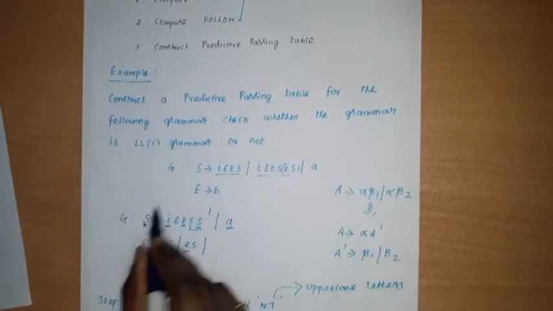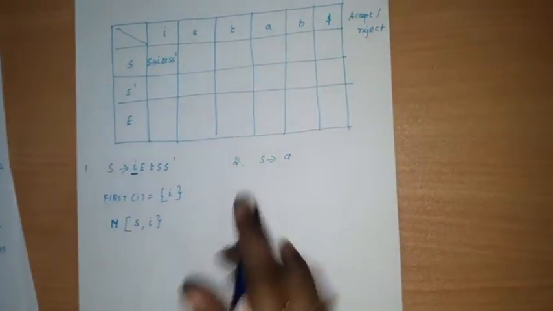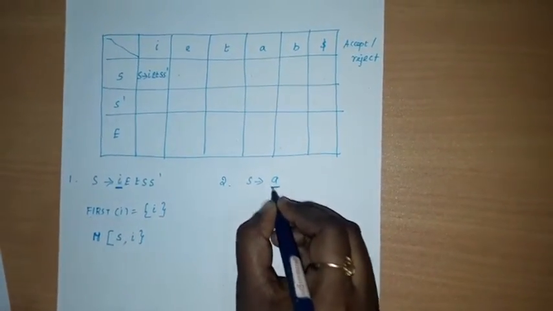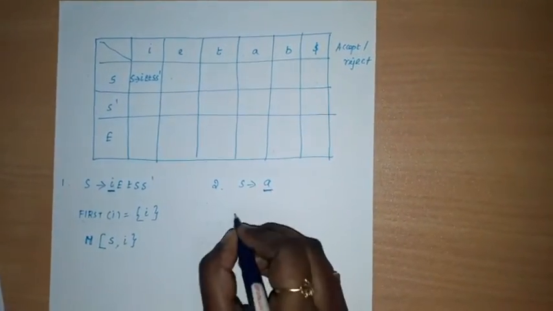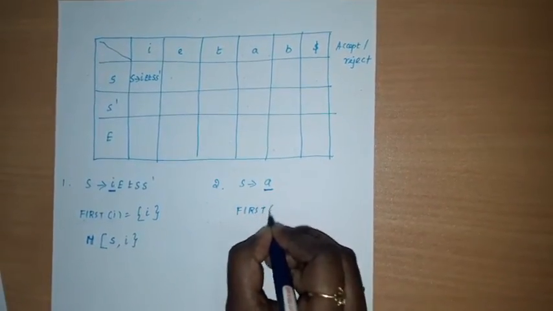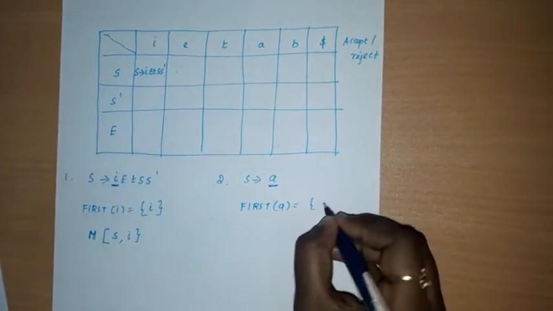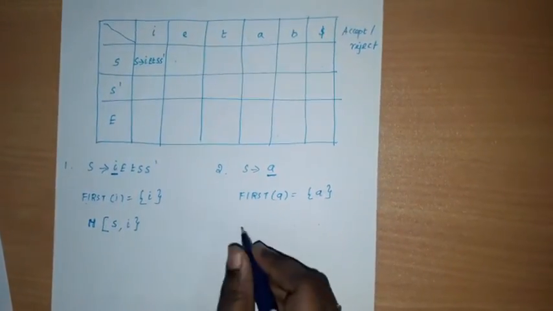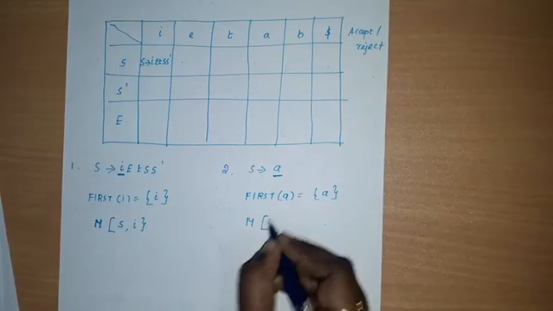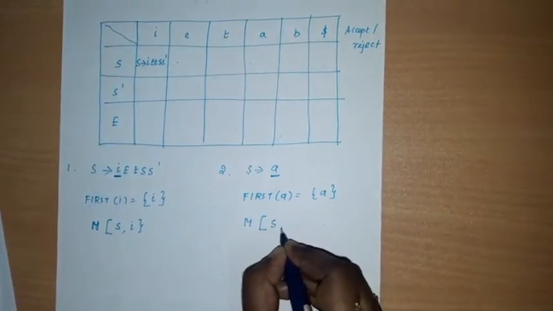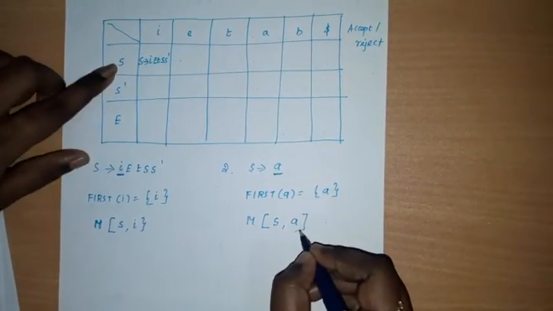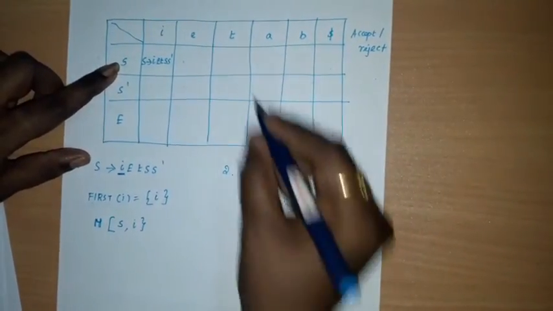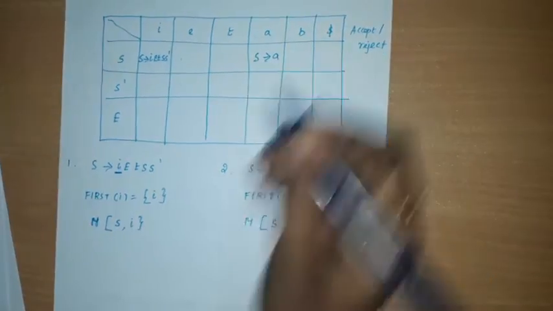As I already told, find out the first value of the right side first element. So first of a, a is a terminal value, so the result is a. Then enter the table entry, making table entry of left hand symbol S comma the result. So S, a, write the corresponding production S tends to a.